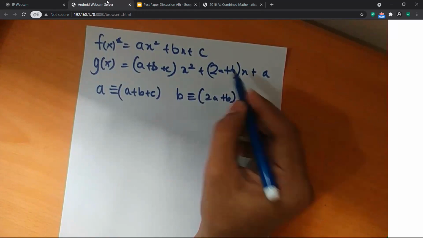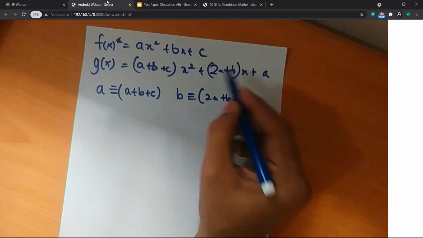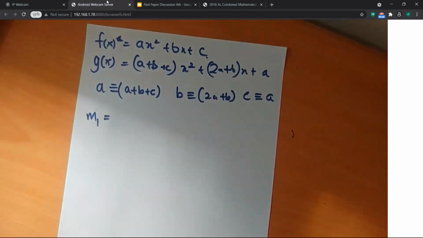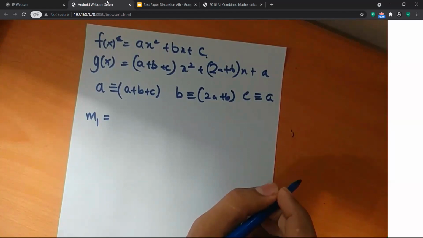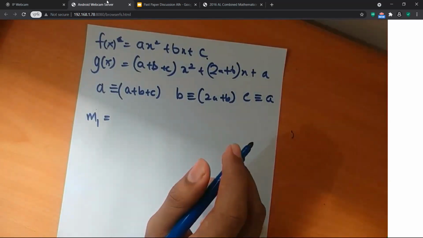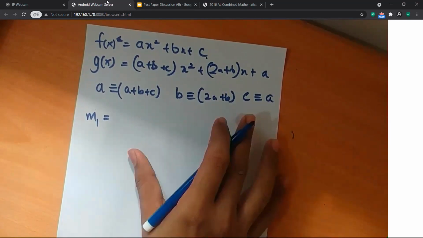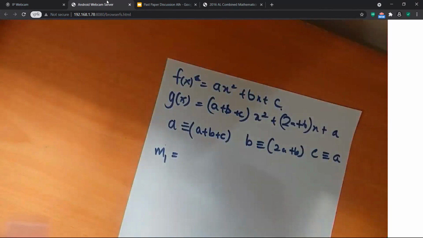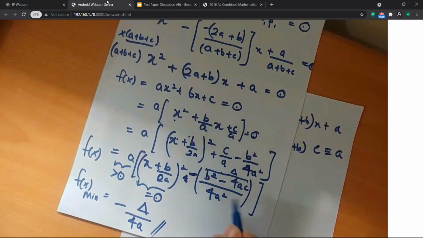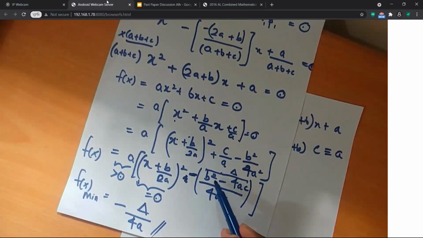We got the equation for f(x) minimum, or m1, which is minus b squared minus 4ac over 4a. Now instead of b, we need to put in the values we got here.